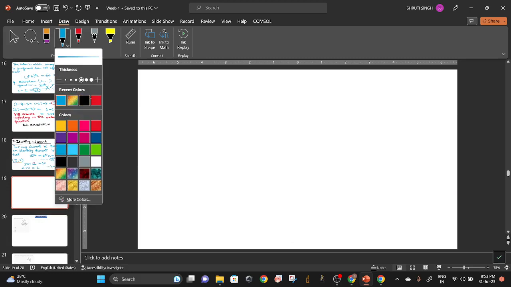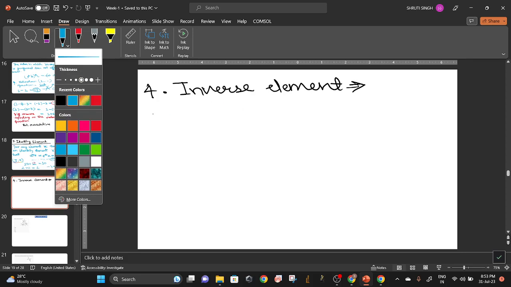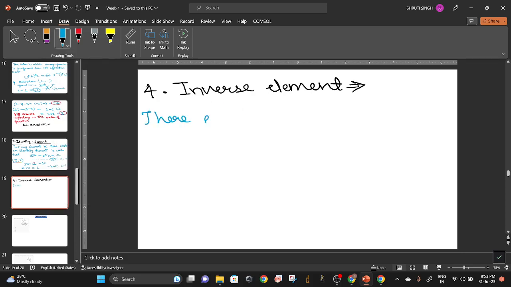The fourth and last criterion for a set with an operation to be called a group is the inverse element. As with the identity element, we have an inverse element. Now what does inverse mean? There exists an element A inverse.